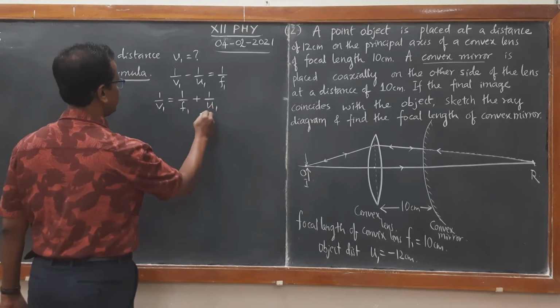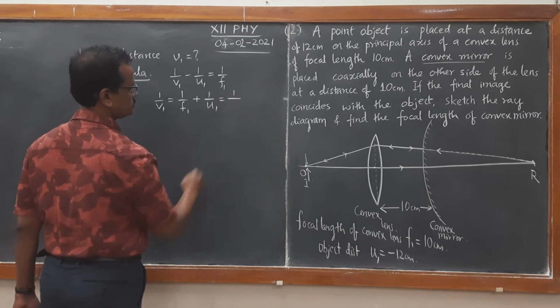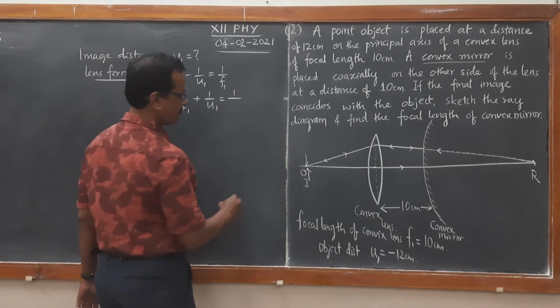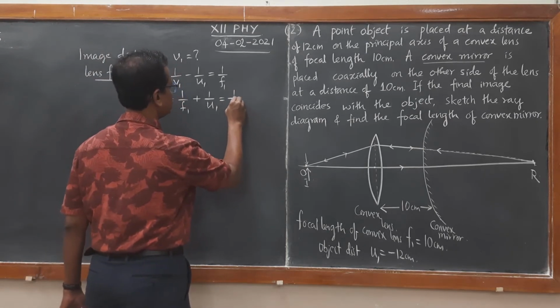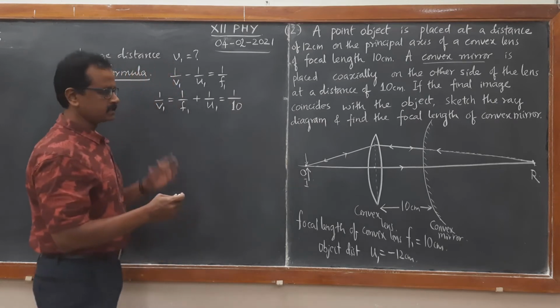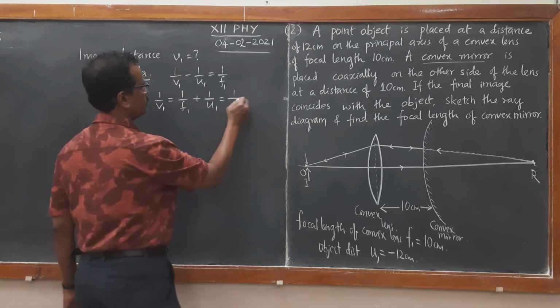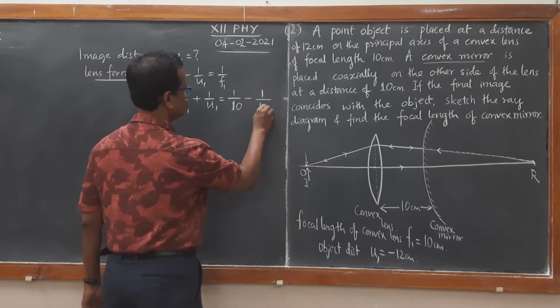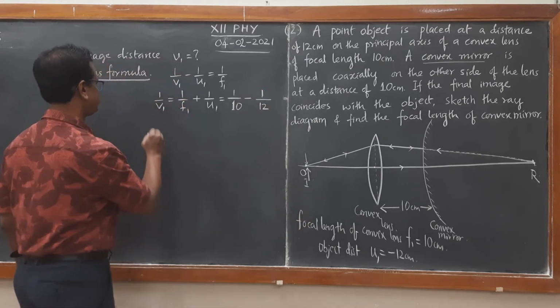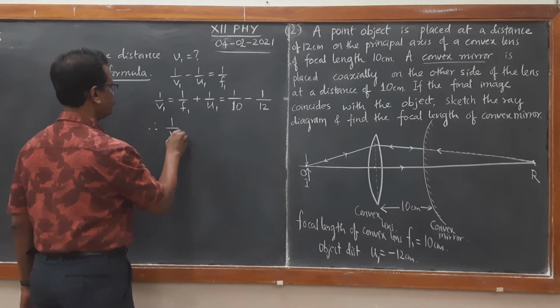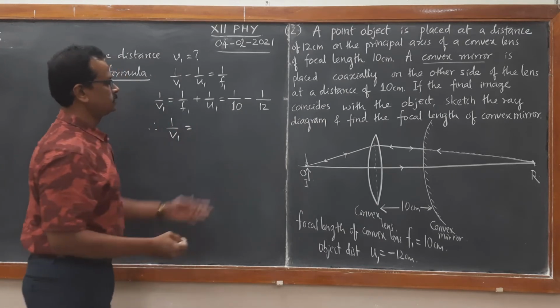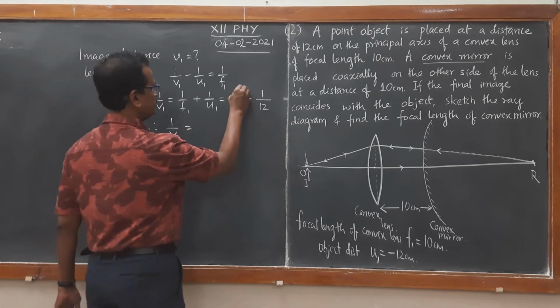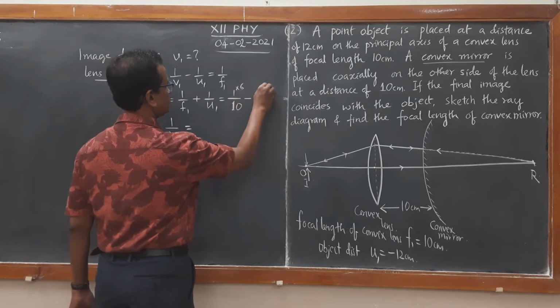So 1 by F1 is 1 by 10, taking both in centimeters, minus 1 by 12. Therefore 1 by V1 is equal to, the LCM becomes 60, 10 sixes are 60, 12 fives are 60.